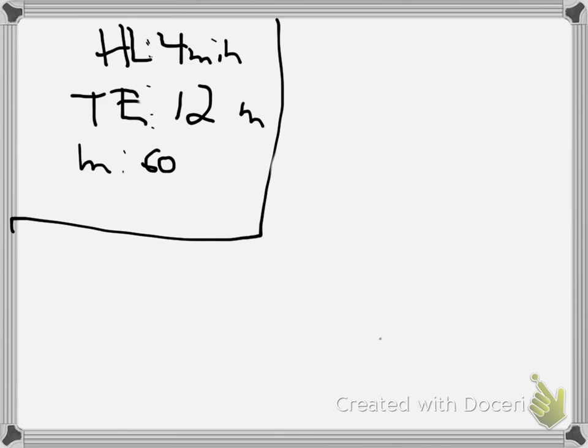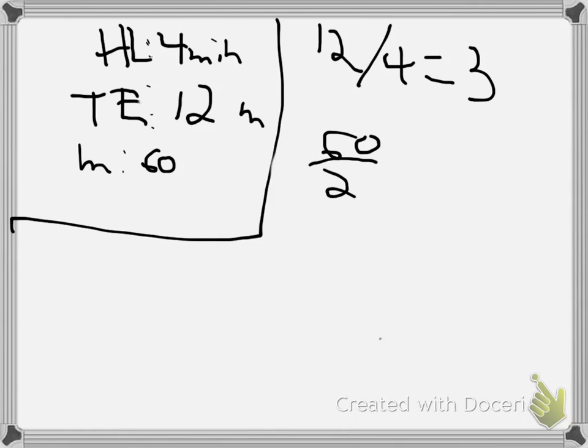Here's another one. If we have a half-life of 4 minutes, and our total time elapsed is 12 minutes, and we know we start with a mass of 60, then we can do this. We do 12 divided by 4, and this number tells us how many half-lives we have. In this case, 3. So, we do 60 divided by 2 once is 30.